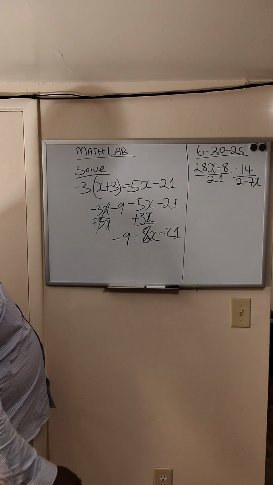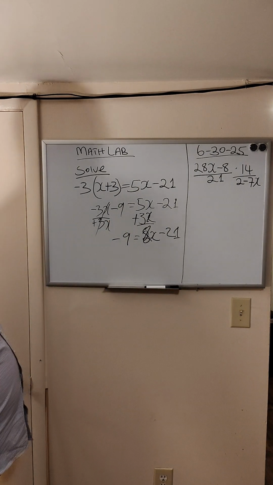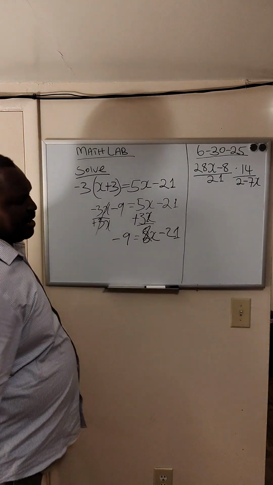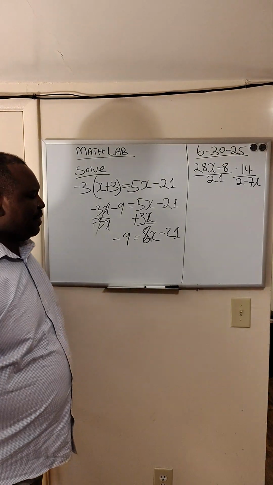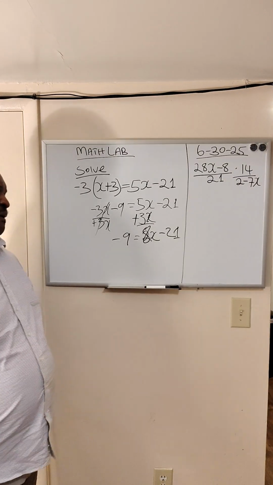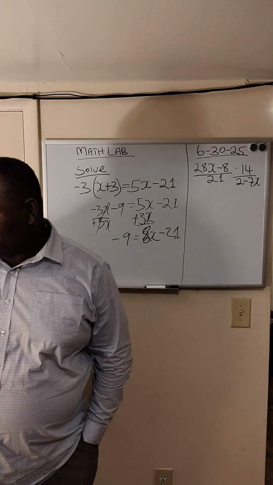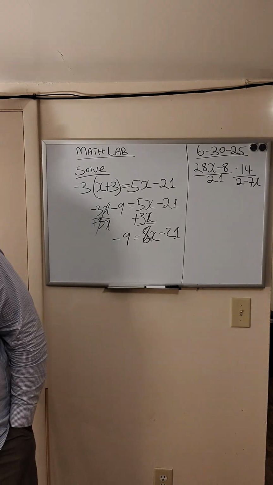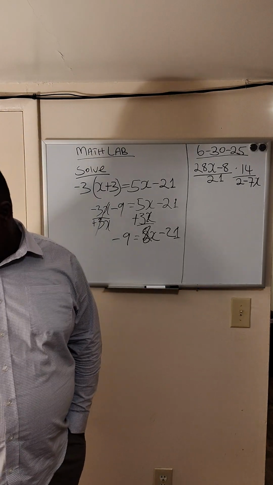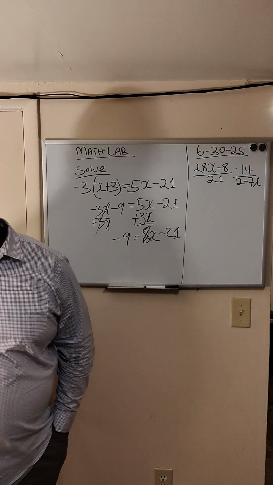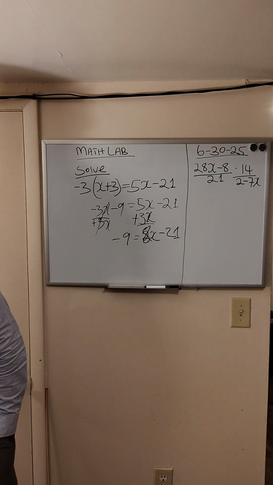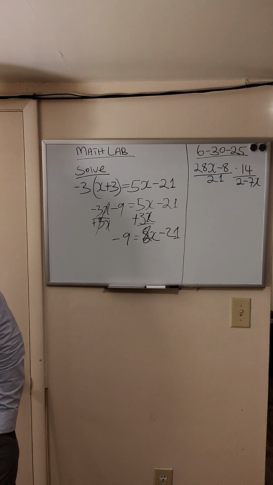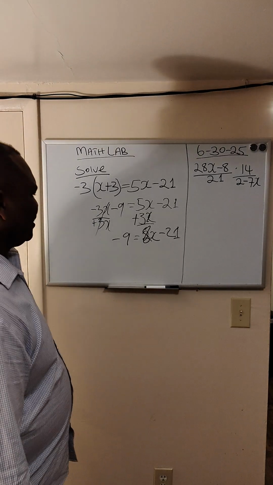So now it's negative 9 is equal to 8x minus 21. Now we still have to solve for x. Let's see what we get when we do that.